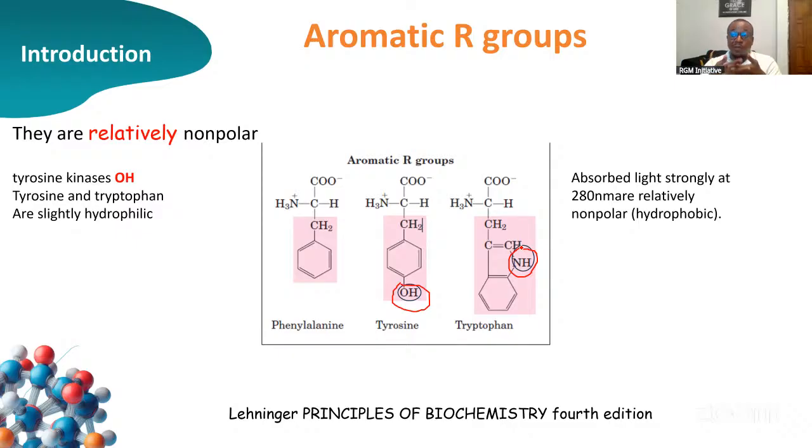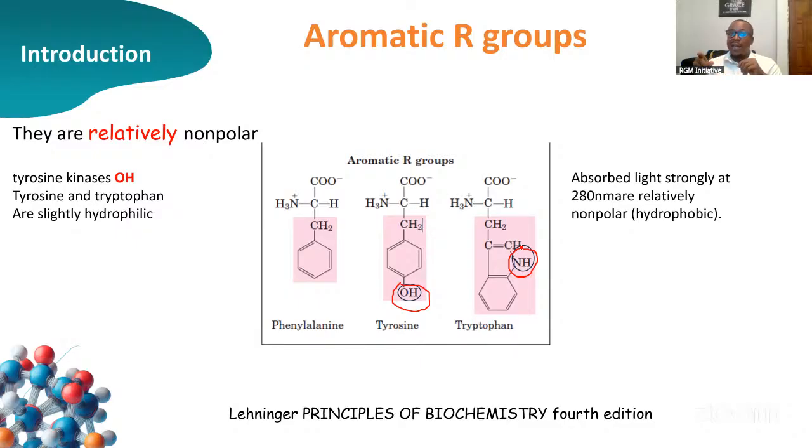If there's absorption of light within that wavelength, we know that there's presence of protein in that solution. Because most proteins have one or two of these aromatic amino acids, they will absorb light at that wavelength. So if they absorb light at that wavelength, you can conclude that yes, there is presence of what? Protein in that solution.